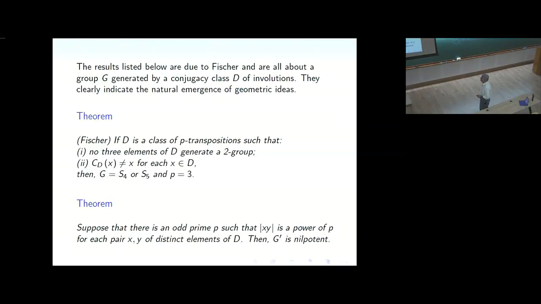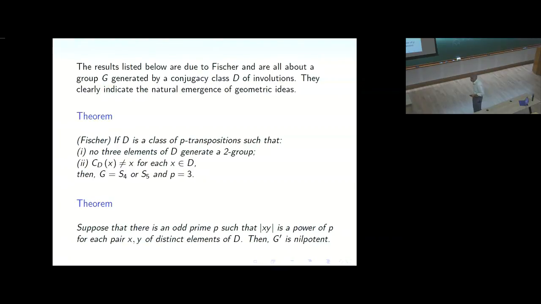The second theorem I would like to state is that suppose there is an odd prime p such that the order of xy is a power of p for each x and y in D. D is a conjugacy class, yes. All the groups I'm talking about are generated by a conjugacy class D of involutions, and there perhaps will be some additional conditions here.